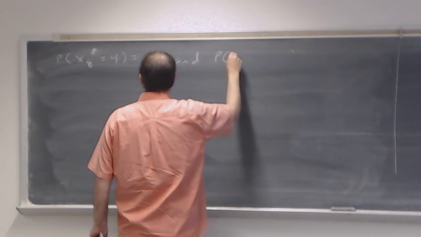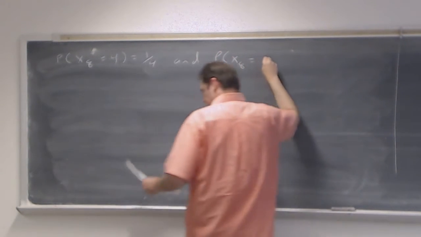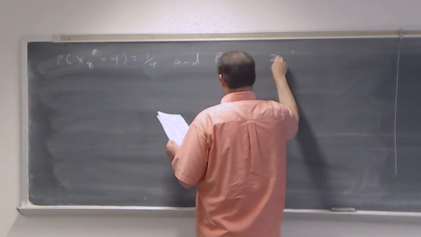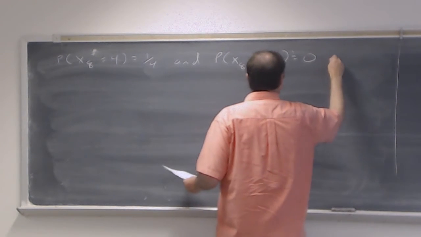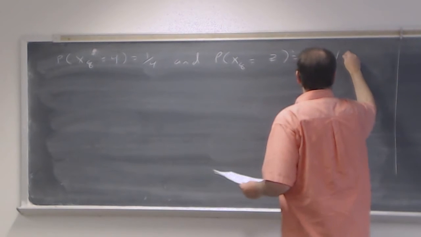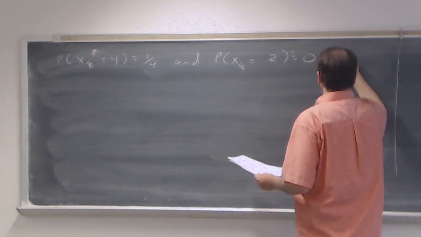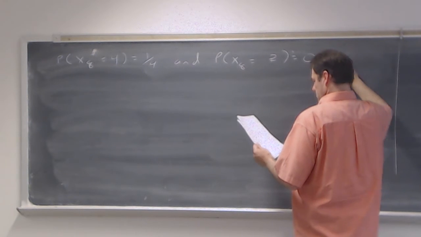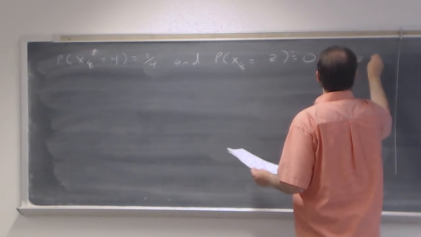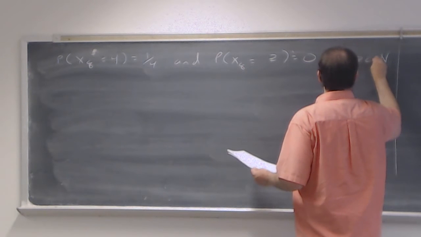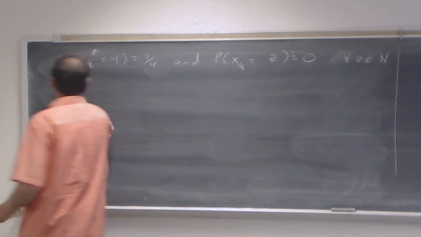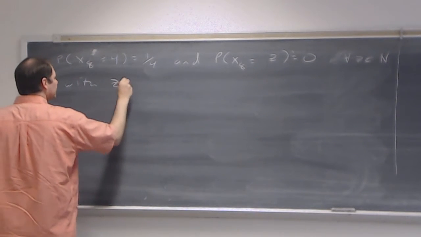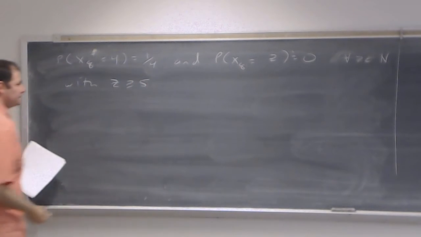And the probability that X of q equals 4 is 1/4. And the probability that X of q equals some number bigger than that, let's say z, is equal to 0 for all z in the natural numbers with z greater than or equal to 5.